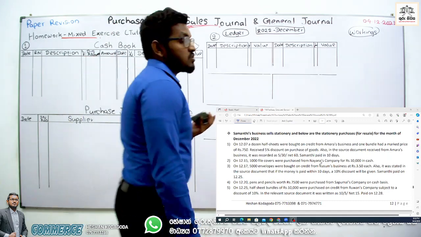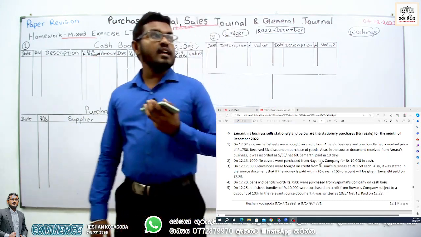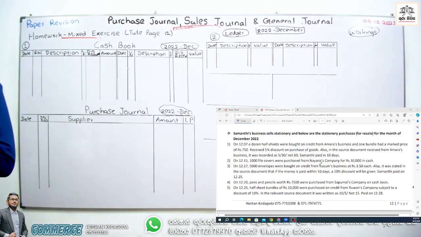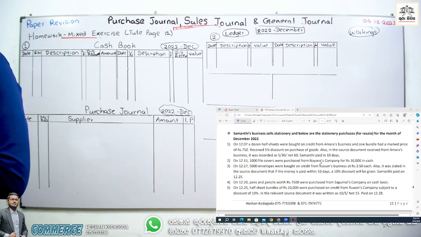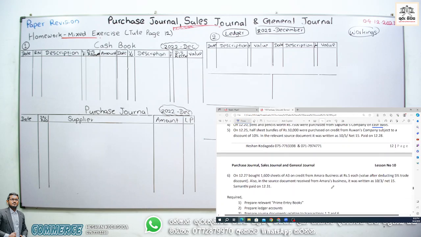First of all, we need to check whether they are cash basis or credit basis purchases. Here you can see purchases bought on credit, and in cash, paid. So only the purchases, cash basis.